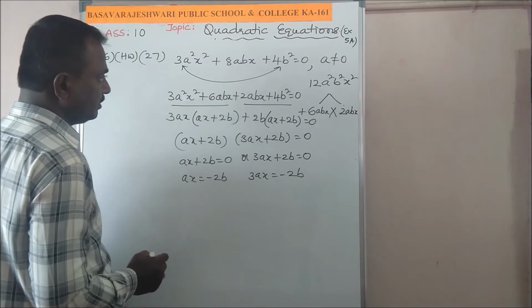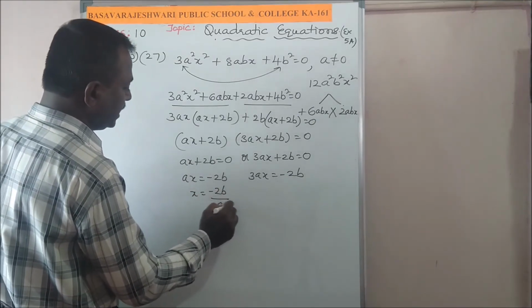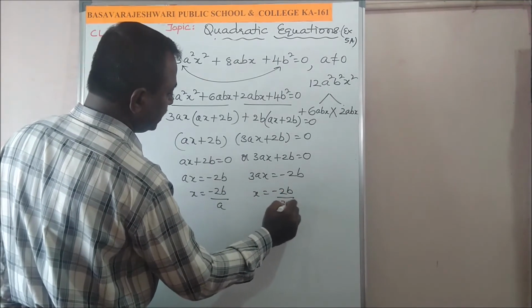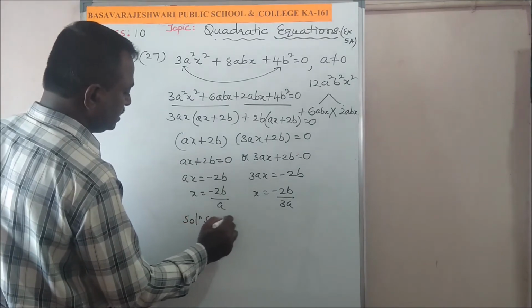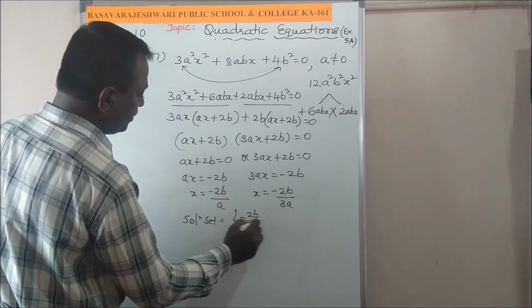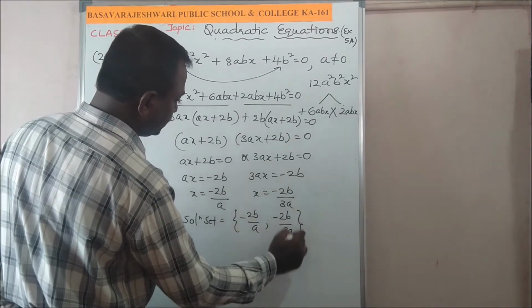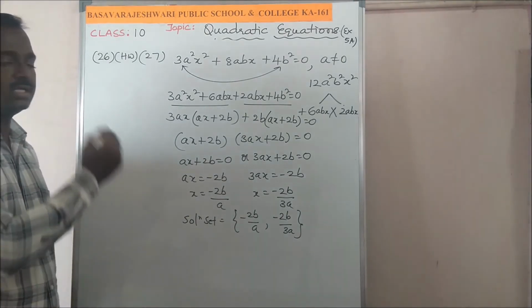So x is equal to minus 2b by a or x is equal to minus 2b by 3a. So therefore solution set is minus 2b by a comma minus 2b by 3a. So this is the solution set. So note down this sum.